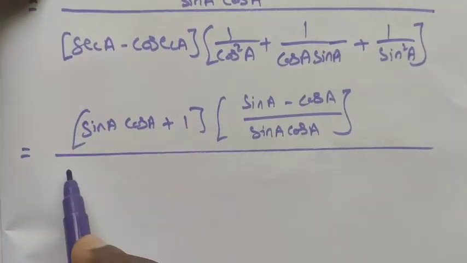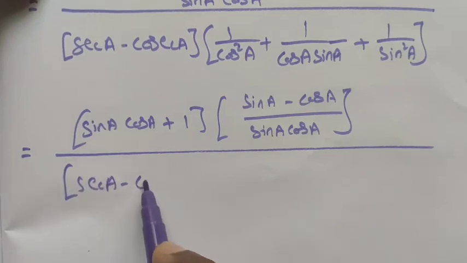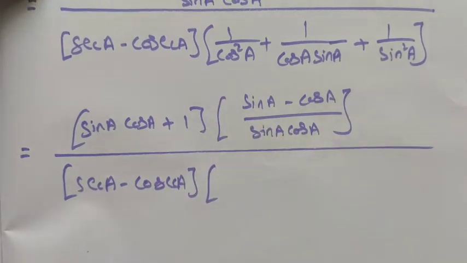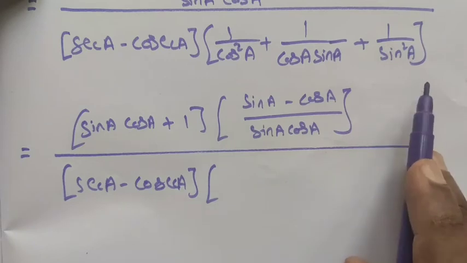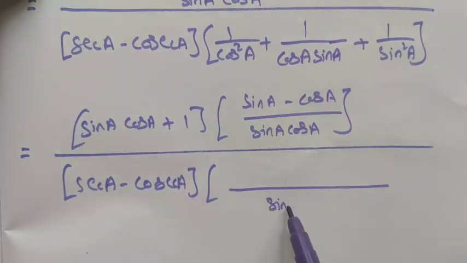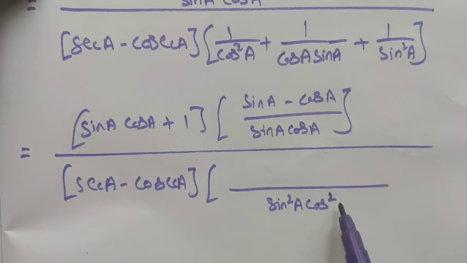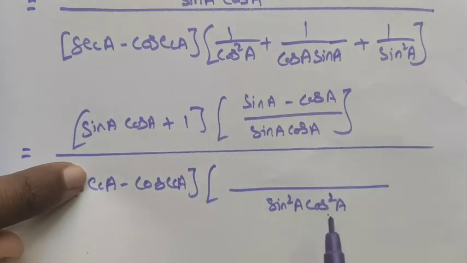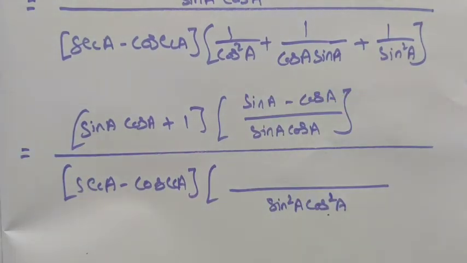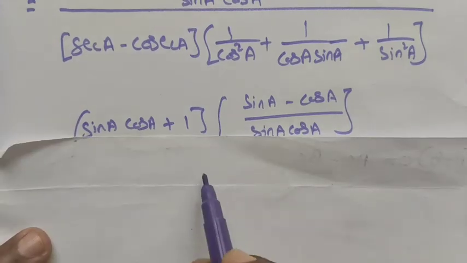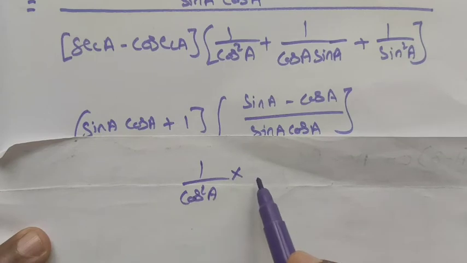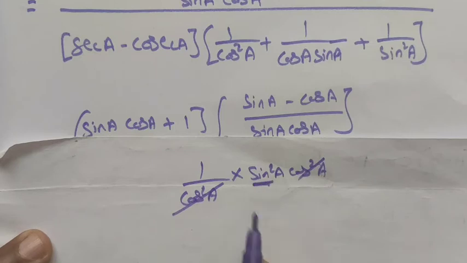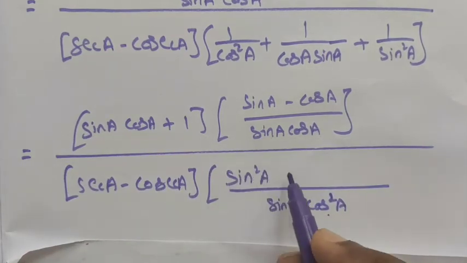Next, the denominator term is (sec A − cosec A) into, here I am going to take the LCM again. If you take the LCM as sin²A cos²A, each and every term should be multiplied with sin and cos. 1 by cos²A is multiplied with sin²A cos²A, cos² cancels, so we have only sin²A.